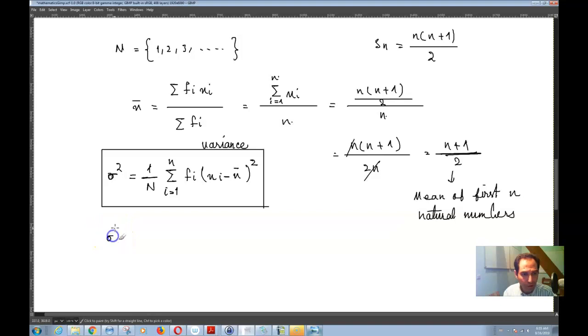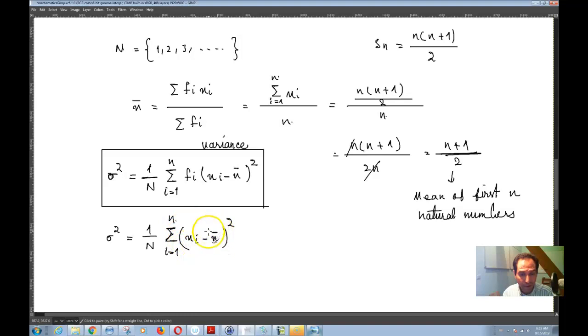So you can write your sigma squared as 1 divided by n times sigma of x of i minus x bar, whole squared, as i goes from 1 to n.